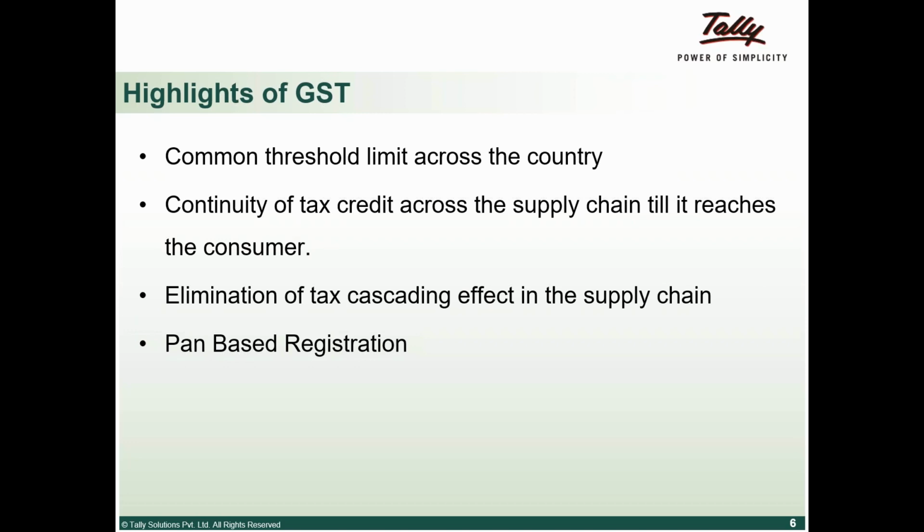But going forward under GST, if I am a proprietor and I have one PAN, and let's say the threshold limit is 20 lakh rupees, and I have 4 businesses, where 3 businesses do 5 lakh each per annum and the 4th business does 6 lakhs, which is 21 lakhs.